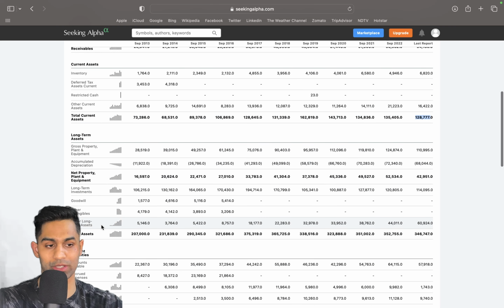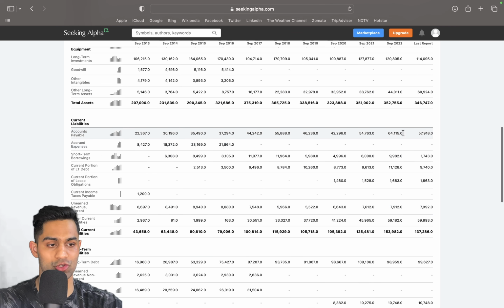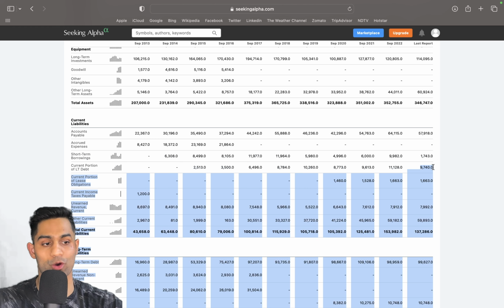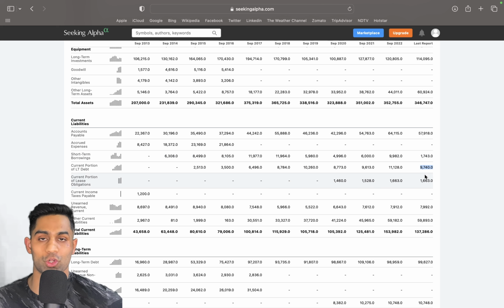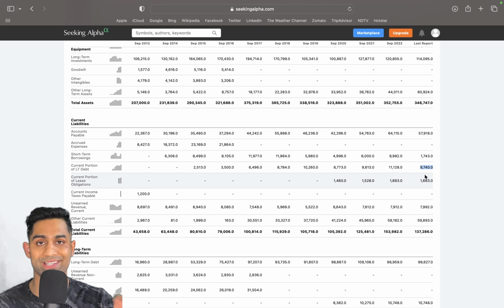And if you come over to their current liabilities, we got accounts payable, $59 billion. We got short-term borrowings, $1.7 billion. And current portion of their long-term debt. Okay, so there you go. $9.7 billion is going to be their current portion of their long-term debt. What does that mean? That means that of the long-term debt they have, $9.7 billion is going to be maturing in under 1 year.